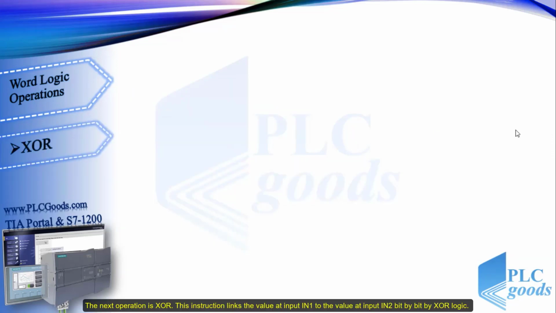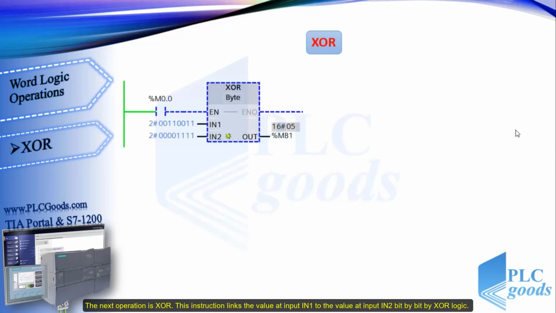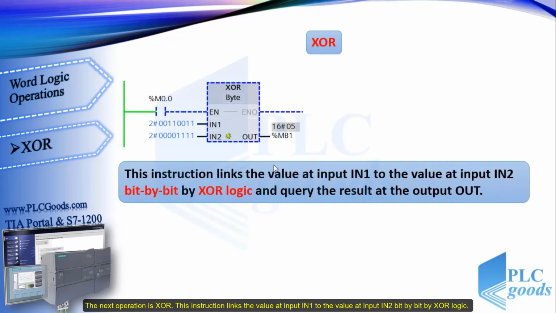The next operation is XOR. This instruction links the value at input IN1 to the value at input IN2 bit by bit by XOR logic. For this logic, the output will be true if only one of two inputs is true.